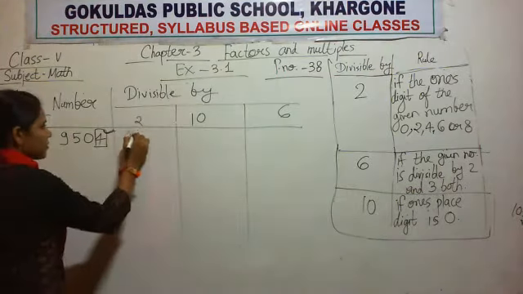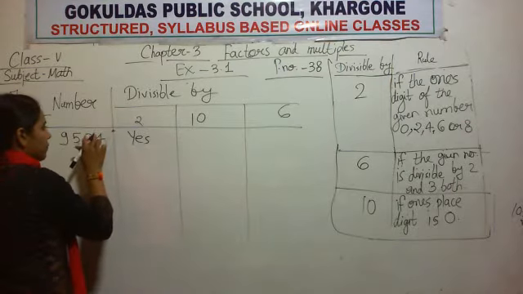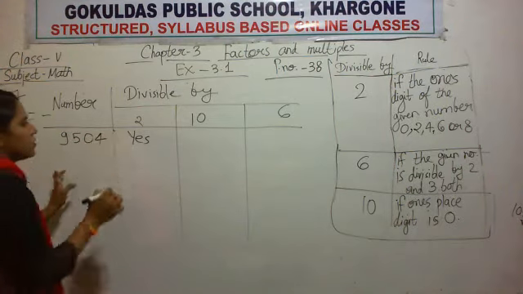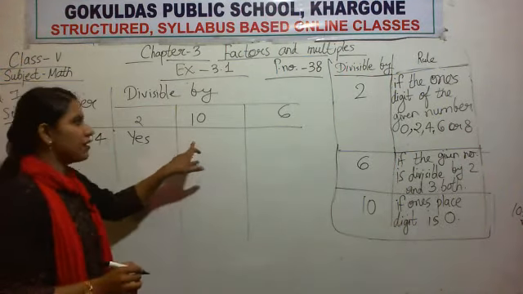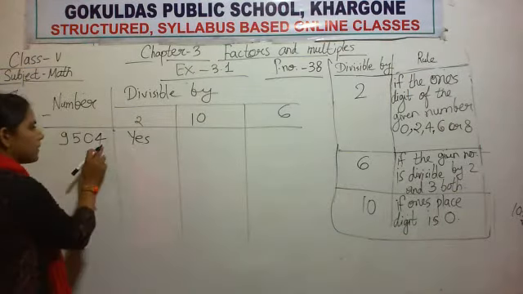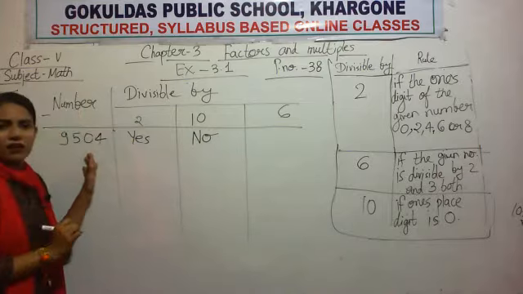So yes, it is divisible by 2. Okay, now check the divisibility by 10. The ones place digit is 4, so you conclude that no, it is not divisible by 10.